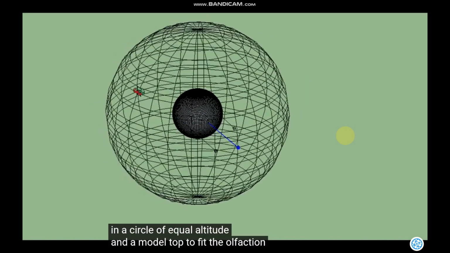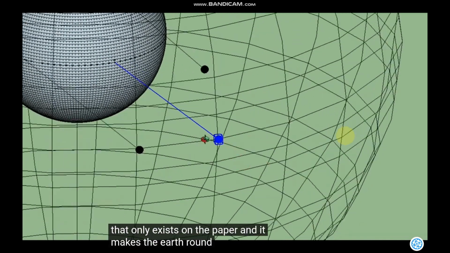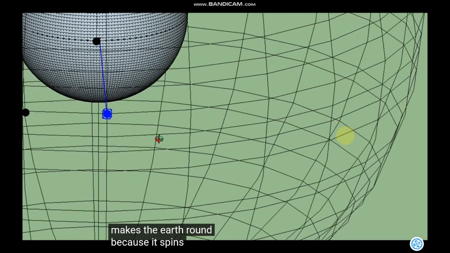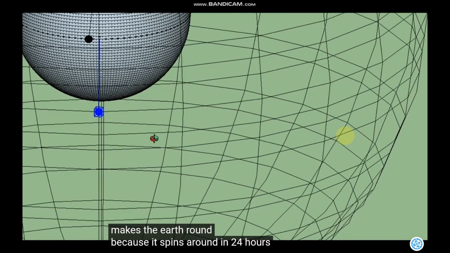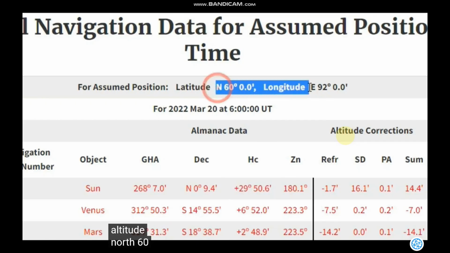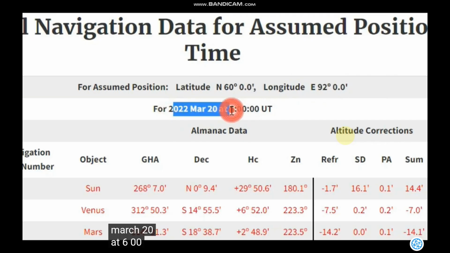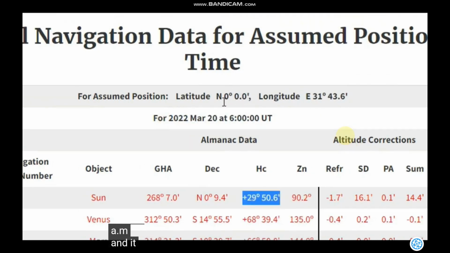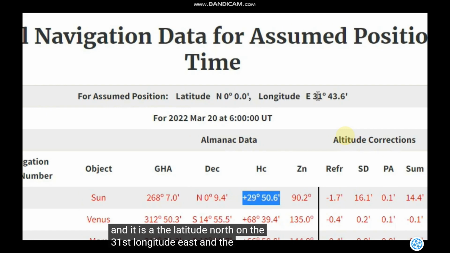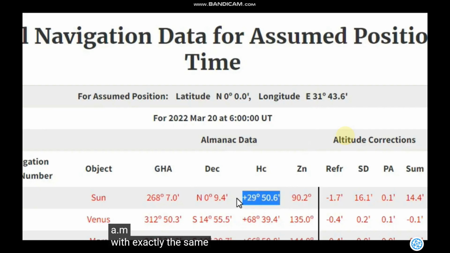And I modeled up the virtual fake sun that only exists on paper and that makes the Earth round because it spins around in 24 hours. 2 locations in the circle of equal altitude: North 60, East 92, March 20 at 6 a.m., and here's 0 latitude north on the 31st longitude east, at the same time, 6 a.m., with exactly the same altitude.